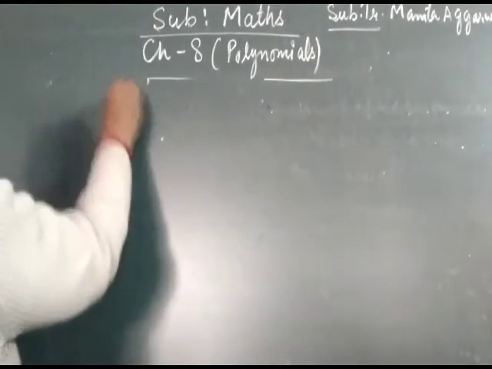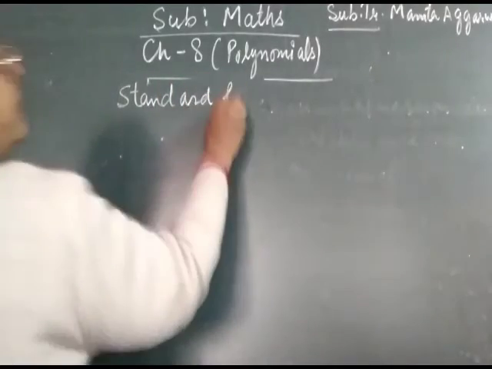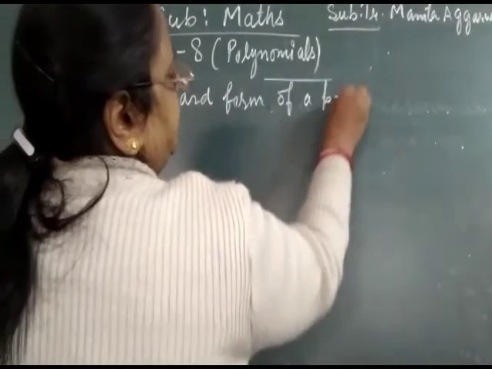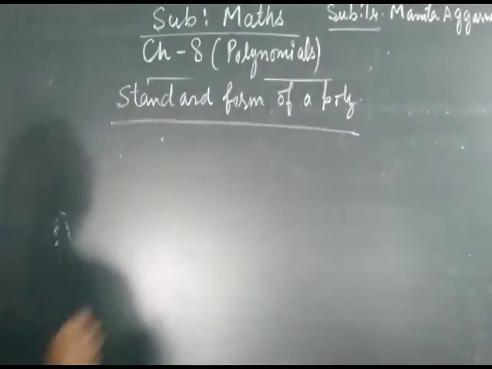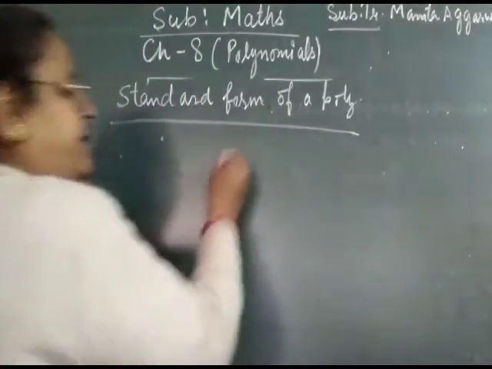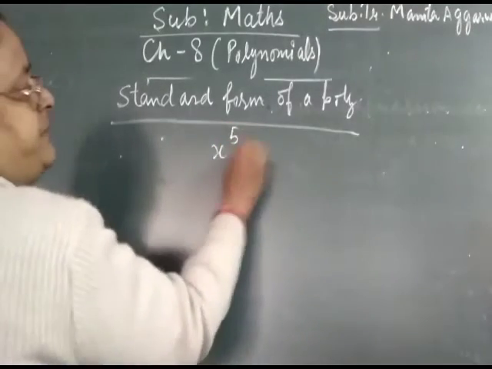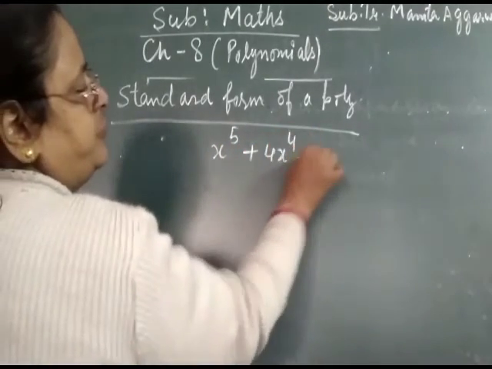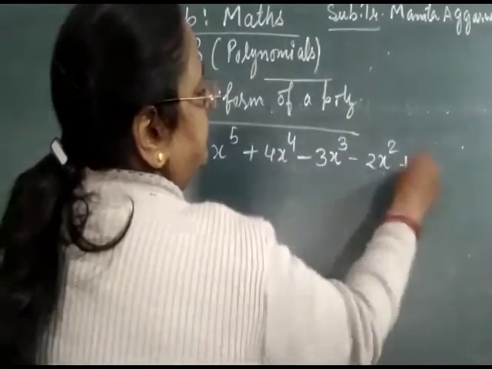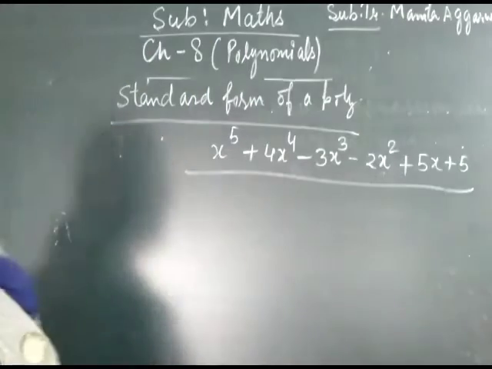I am writing the standard form of a polynomial. I am giving an example of the standard form of a polynomial. If we write any polynomial in the decreasing order of their power, as x power 5 plus 4x power 4 minus 3x power 3 plus 2x square plus 5x plus 5, this is a standard form of a polynomial.